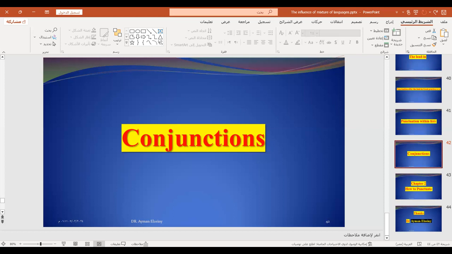Regarding the use of commas, 1. Use a comma when you join two independent clauses, two independent sentences, with a coordinating conjunction, such as and, but, or, nor, yet, or so.